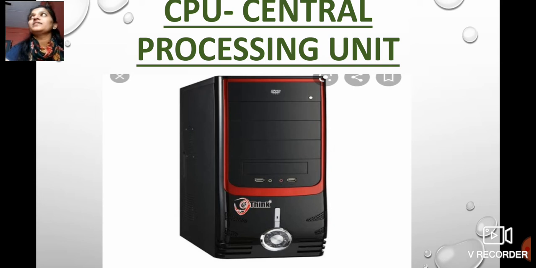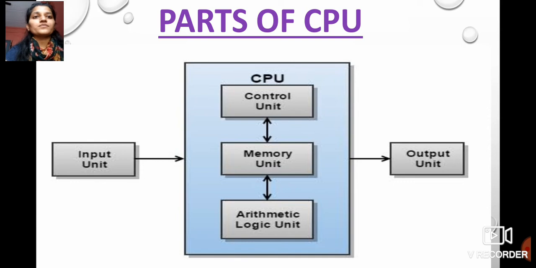After that we have seen the central processing unit, that is the CPU. We know that the CPU is the brain of the computer, as it does all the jobs of a computer. Here we see the three parts of the CPU: control unit, memory unit, and arithmetic logic unit.